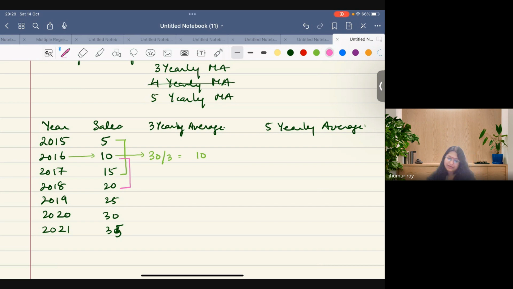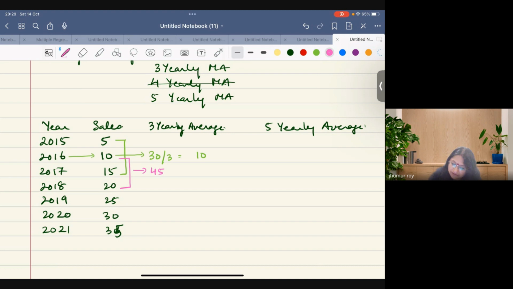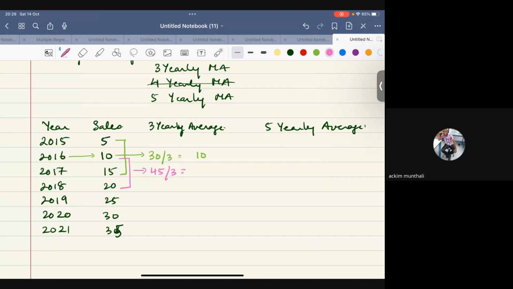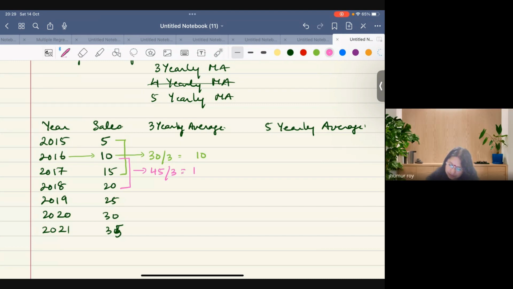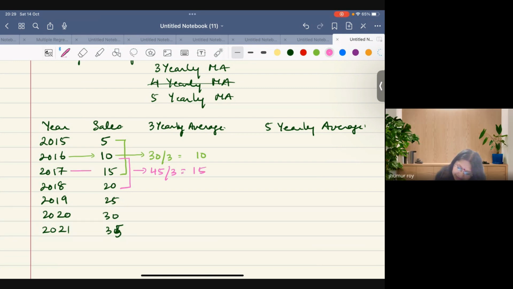What is the value? 45. So it will be 45 divided by 3, that is 15. What am I writing it against? 2017. Remember, there is no value that I've written with the first one.